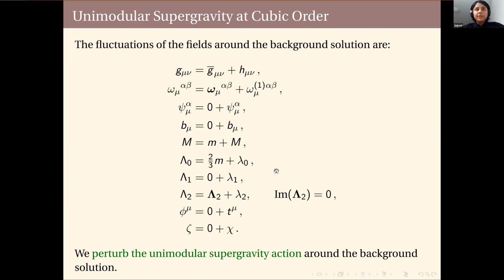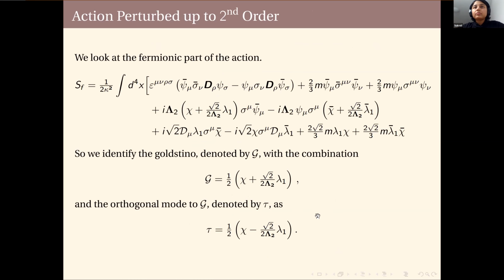And once we perturb and write the action, and if I just look at the fermionic part of the action for simplicity, this is what we get. And if we look at it closely, we find these terms inside the brackets, which are coupled to the gravitino. And so we identify them as the Goldstino.